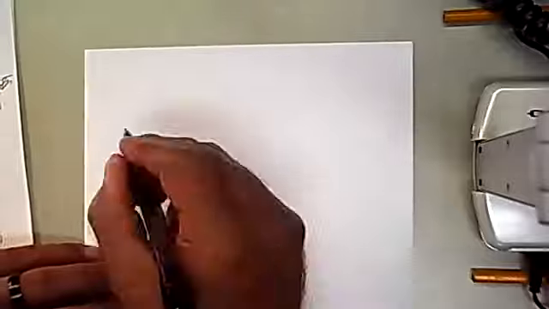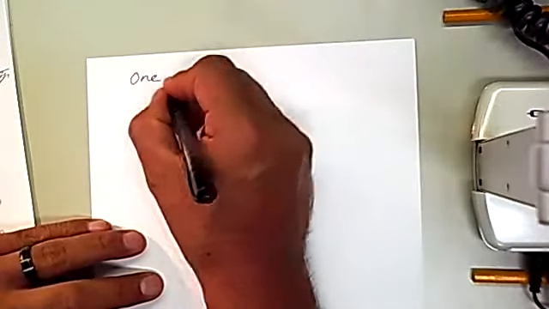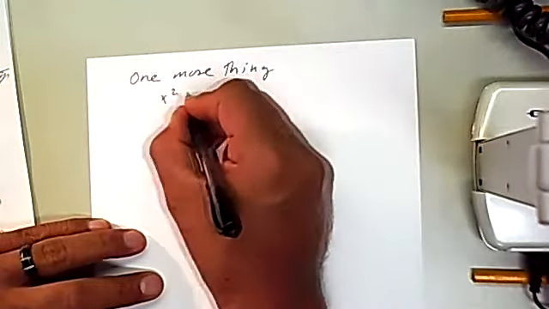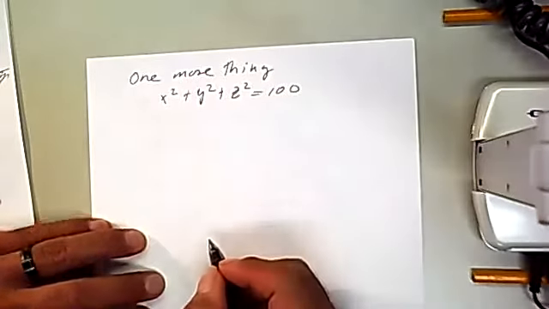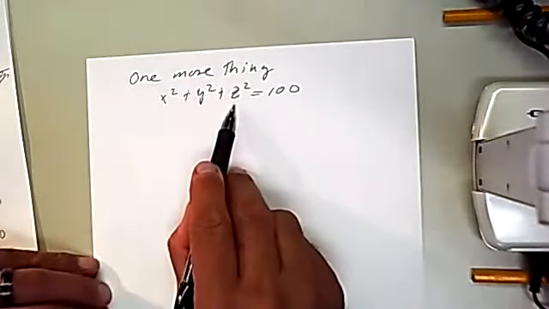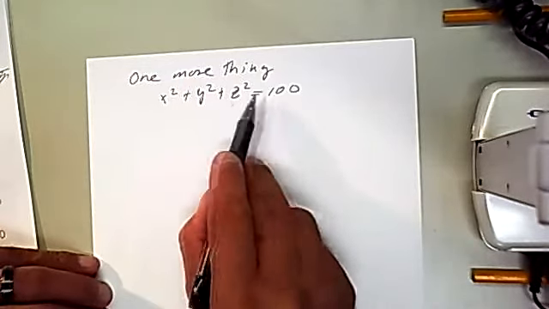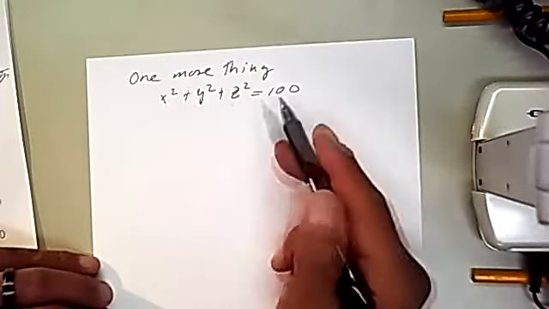Now we're going to move on to the ellipsoid. Oh, before we do the ellipsoid, let me just show you one more thing. If you have x squared plus y squared plus z squared equals 100, we said that z cannot exceed 10 because 10 squared gives us 100, and that's as far as we can go because we have to add on top of that positive numbers.